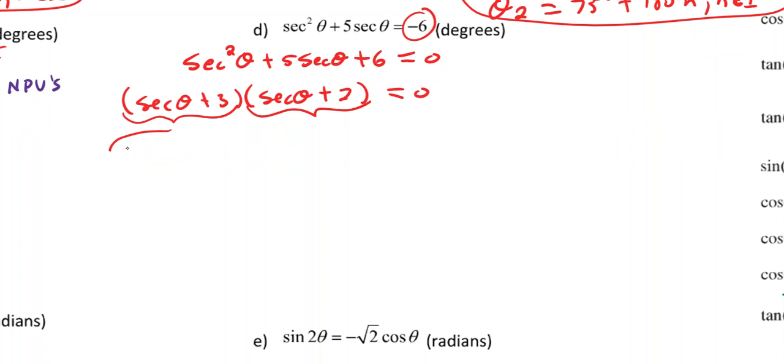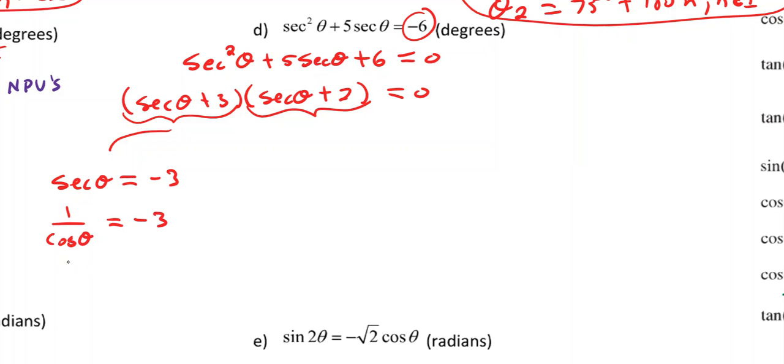So for the first one, where is secant theta equal to -3? I'll just do this one first, and then we'll move on to the next. So at this point, this is probably where I want to flip it, because that's kind of hard to picture. I'd rather think about it the other way. Let's figure out where is 1 over cos theta equal to -3.